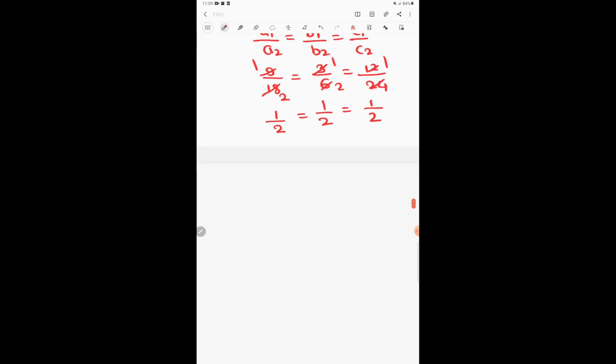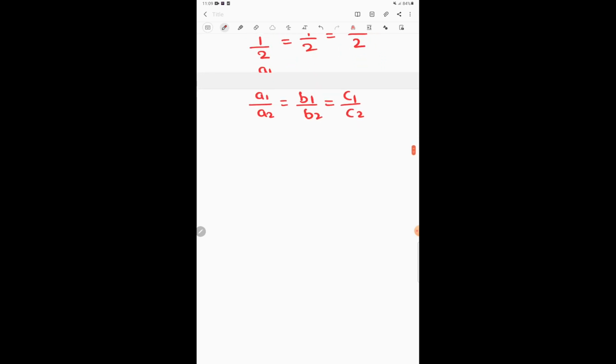You see all the ratios are equal, which means A1 upon A2 equals B1 upon B2 equals C1 upon C2. If all ratios are equal, what is the conclusion? These are coincident lines.